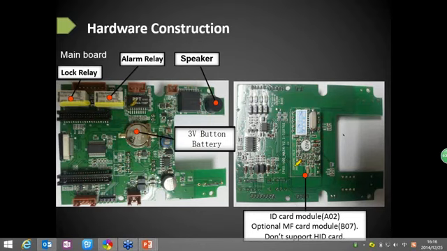Let's view this model. This model is A2. A2 is the ID card model. It is the standard default configuration of the MA500. If you want the MA500 to support Mifare cards, we will give you another model, the B7.